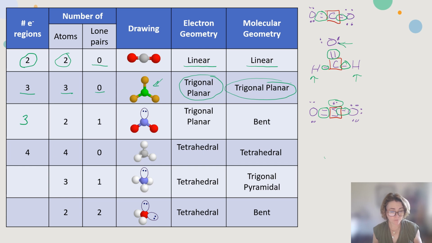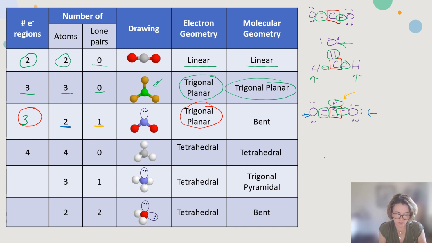Now where it's going to be different is I have 2 atoms, right? I've got 2 oxygens connected to that sulfur, and I have a lone pair. So I have 2 atoms, those 2 oxygens, and I have a lone pair. The electron geometry is always going to be based on how many electron regions I have. So since I have 3 electron regions, the electron geometry will be trigonal planar.